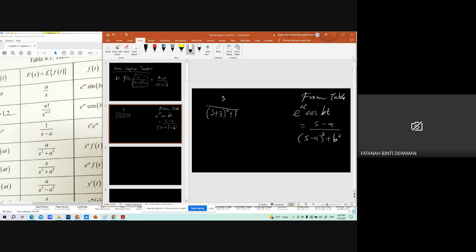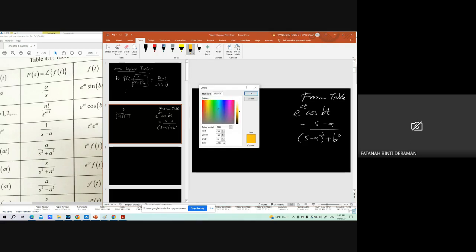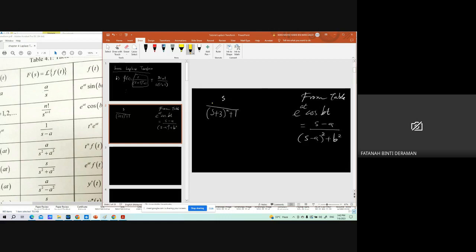You have square here, you have a value here, but we need to add a few things. Maybe the missing part is the a here.